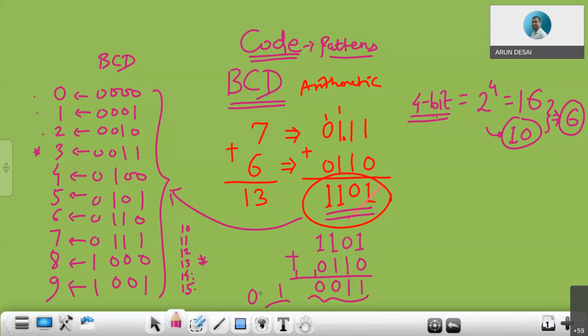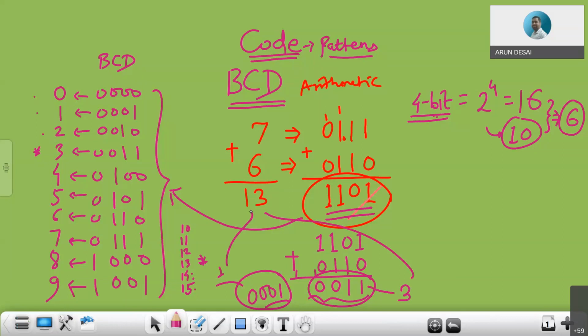Add 3 zeros in front of that carry to generate a 4-bit binary. So this 4-bit pattern gives you 3, and this 4-bit pattern gives you 1.